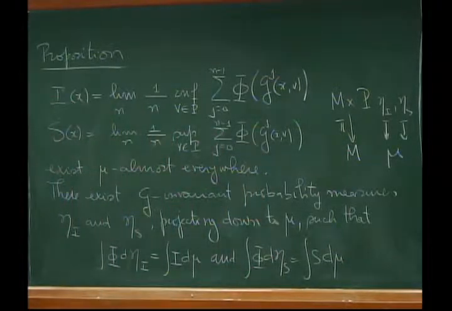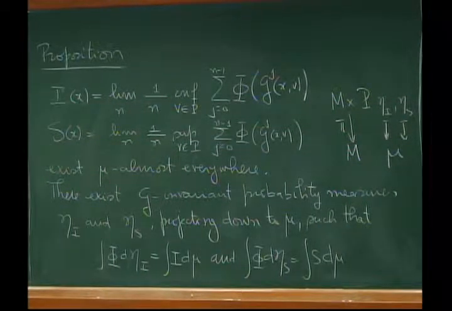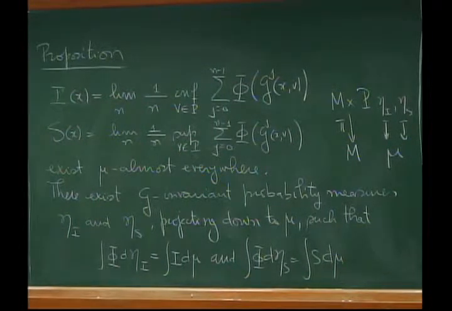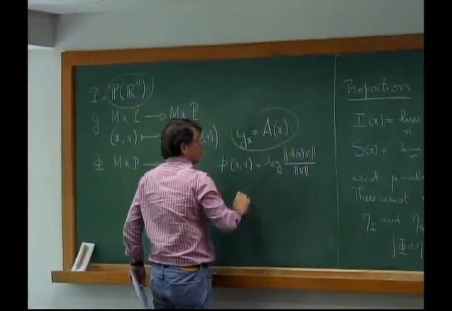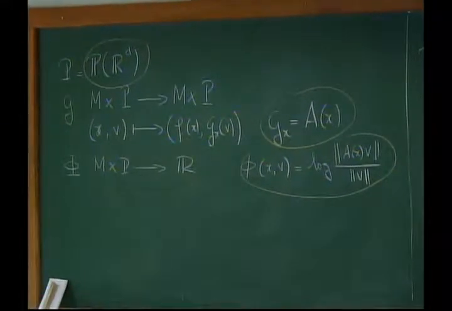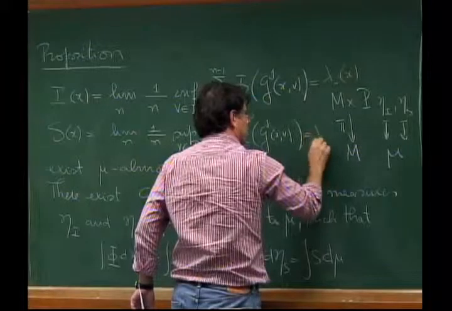Okay, so we proved this already last week, and then let me just remind you that in the case that we are interested in, this is just lambda minus of x, the smallest exponent, and this is lambda plus of x.